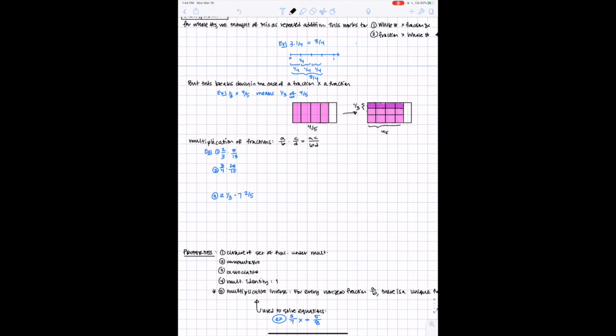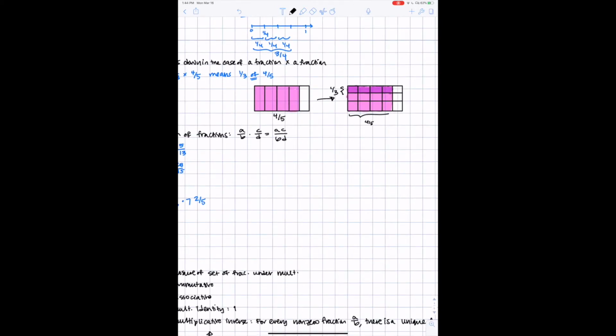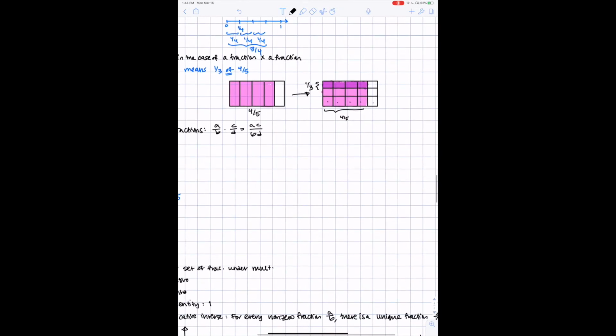If I think of this in regards to what we have represented here in the purple, in regards to the whole original rectangle, if I count, it's 1, 2, 3, 4, 5 by 1, 2, 3. So it's out of 12.